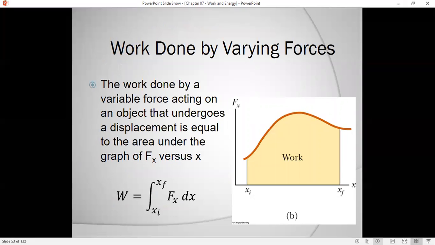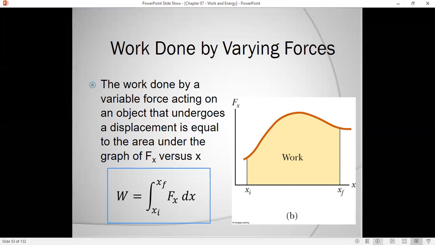Okay, now the ugliness. What happens when my force isn't constant? What happens when the force is varying with time? Well, then I've got to use the definition of what an integral means, or an antiderivative means.